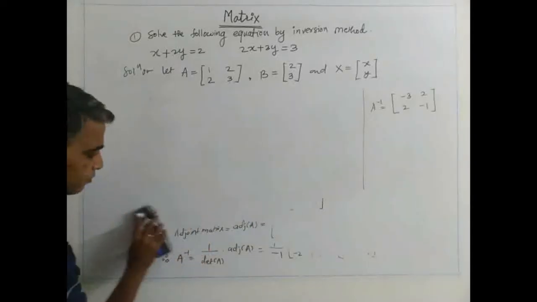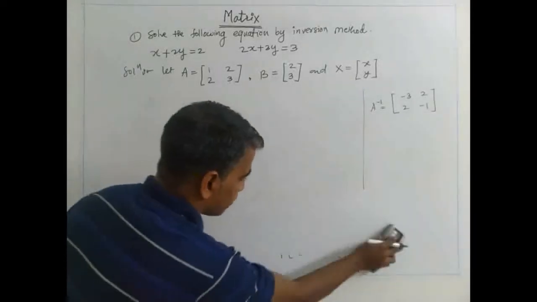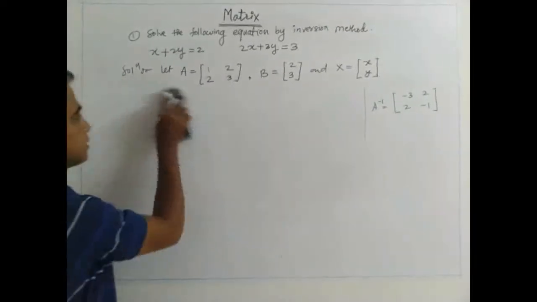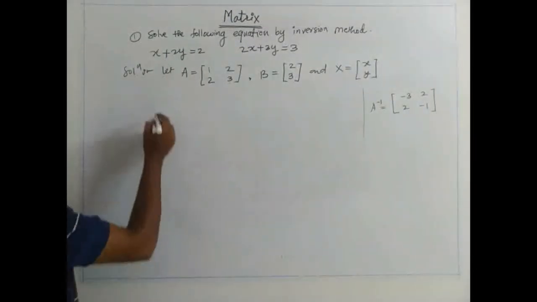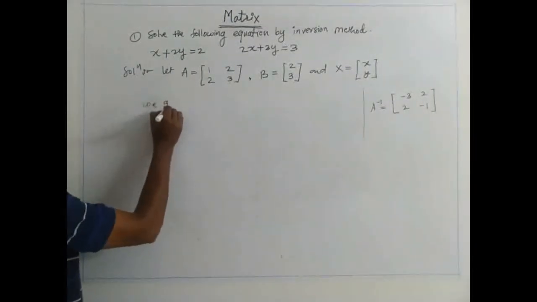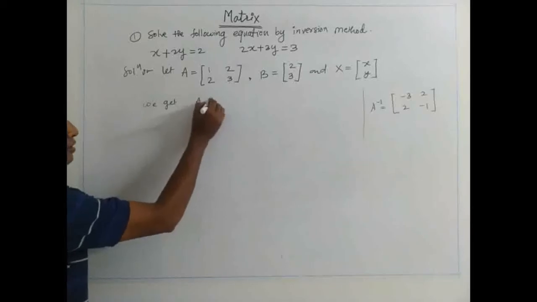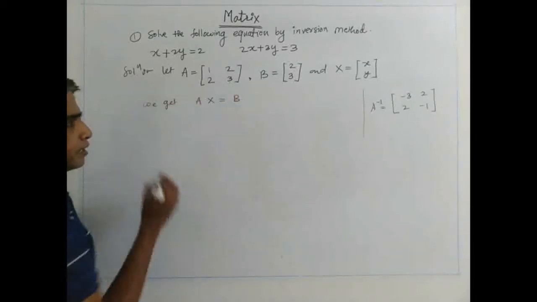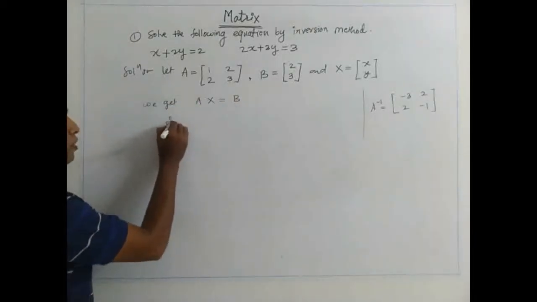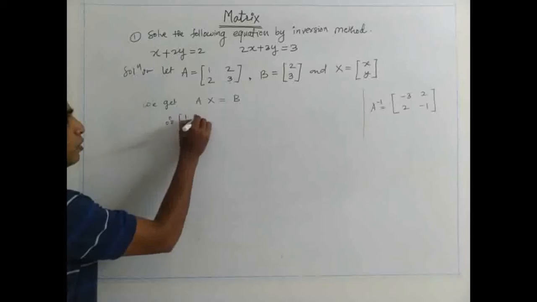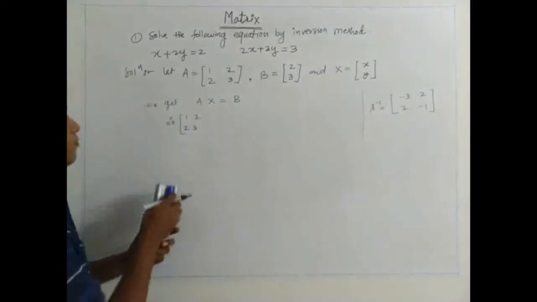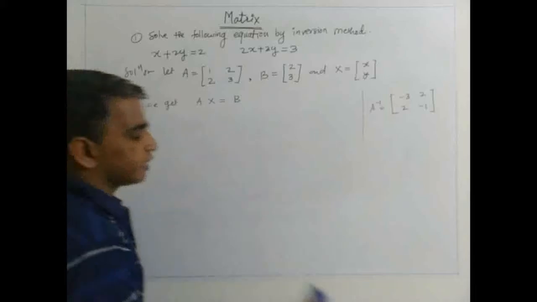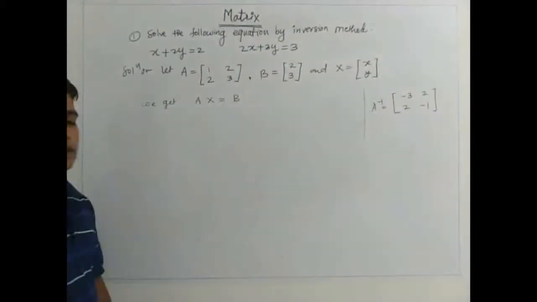Next we are going to find the value of matrix X. Using the given system of equations, we get AX is equal to B, where A is 1, 2, 2, 3. Now we are going to find the solution of this equation by using the inverse method.